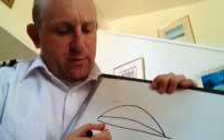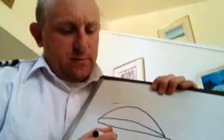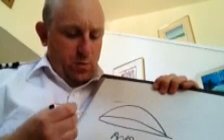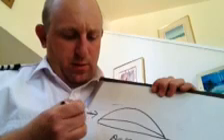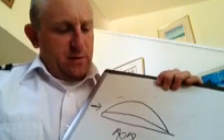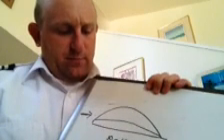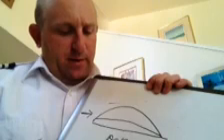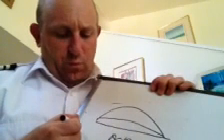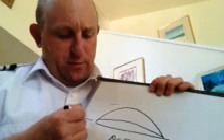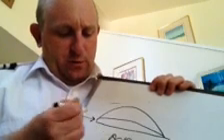So we need to gain an understanding of what angle of attack is. We have a relative wind that comes at our airfoil, and the angle of attack is where that relative wind is in reference to that chord line.